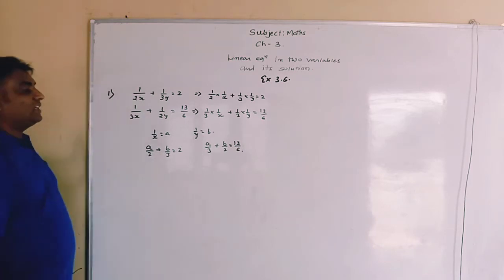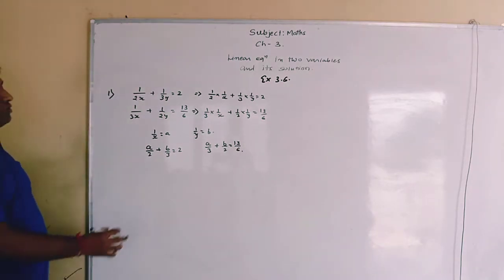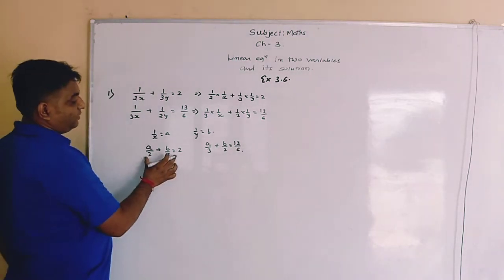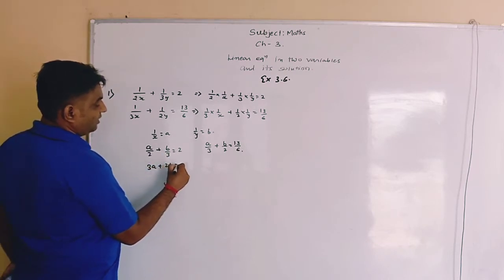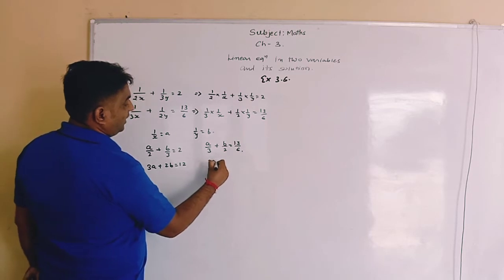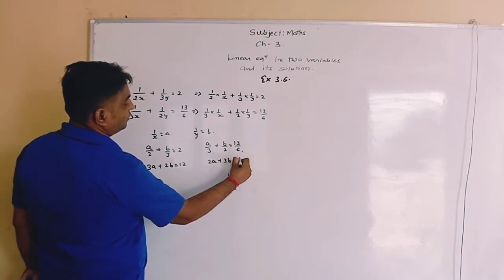So both the equations have the LCM 6. So to reduce to integers we multiply by 6, and here 3a plus 2b equals 12, and here 2a plus 3b equals 13.